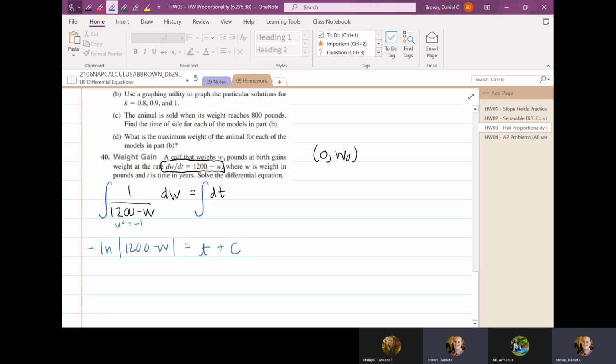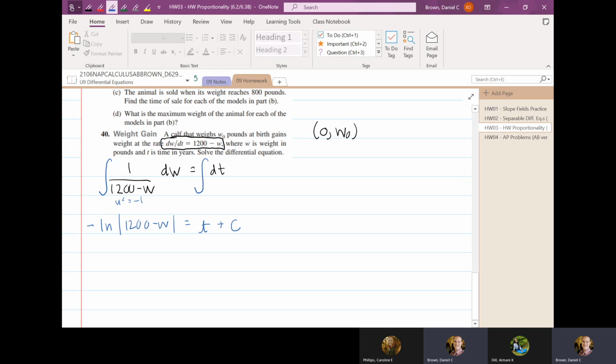And then 2 choices. You can either try to get w by itself here or plug in your initial condition at this point. It's kind of up to you. I think it's easier to plug in the w now. It says at birth it weighs that amount, and that occurs at 0. So basically that's your c value.